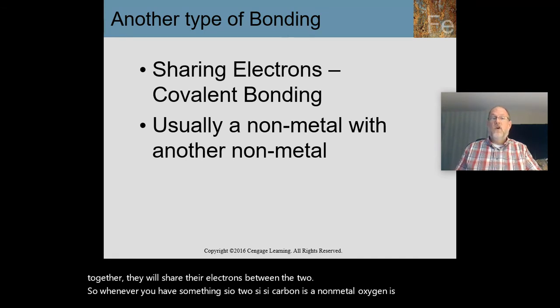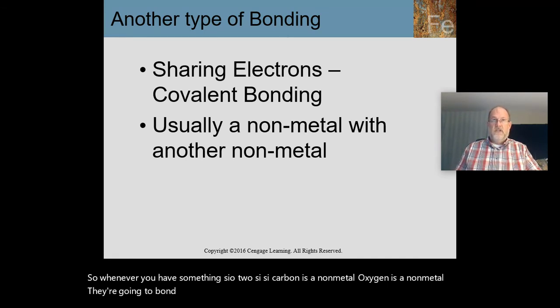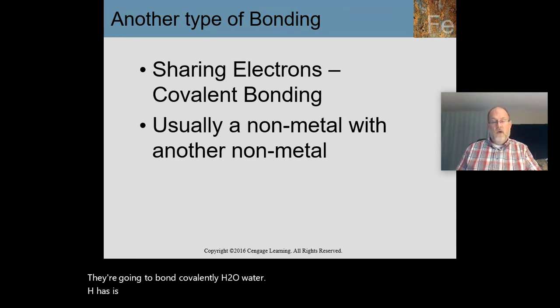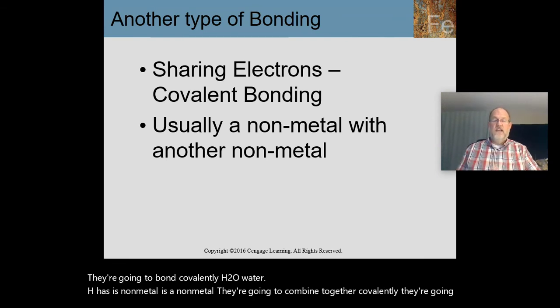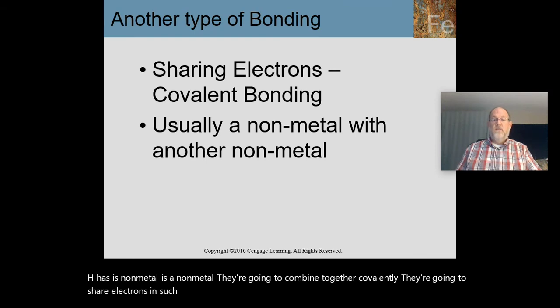They're going to bond covalently. H2O, water: H is a nonmetal, O is a nonmetal. They're going to combine together covalently. They're going to share electrons in such a way to make sure that they both get up to a full shell. So let's talk about how you name covalent bonds, because they're covalent molecules.